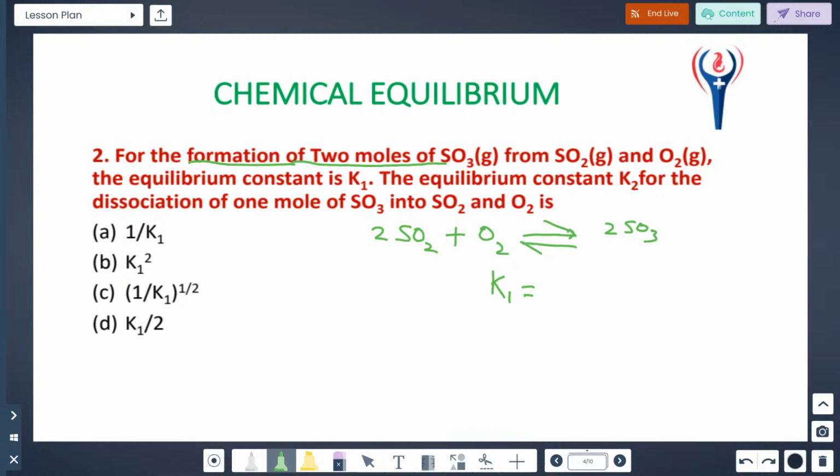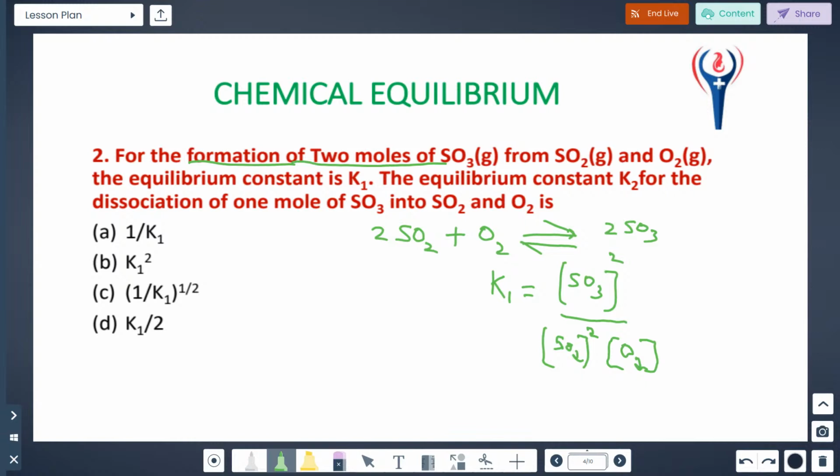So K1 is equal to SO3 power 2 by SO2 power 2 into O2. Just simply remember, product concentration by reactant concentration is the way to write the equilibrium constant. They considered formation of SO3 as K1.